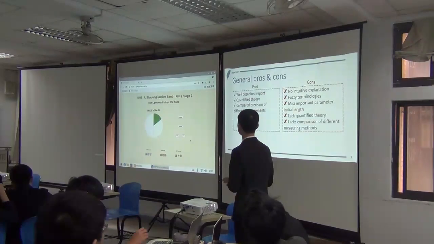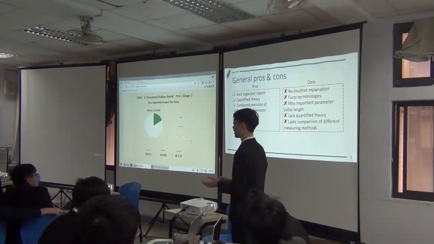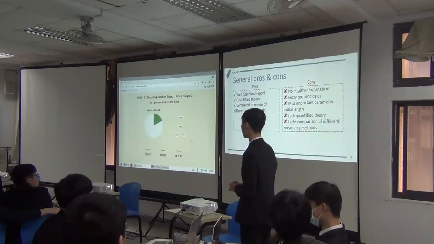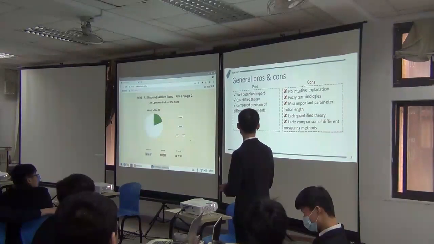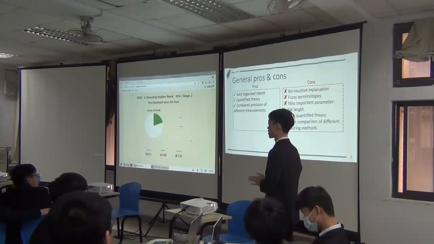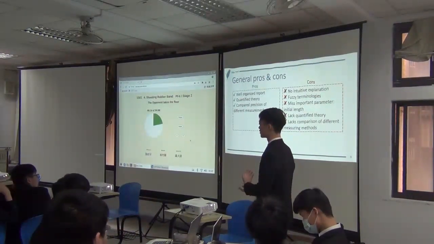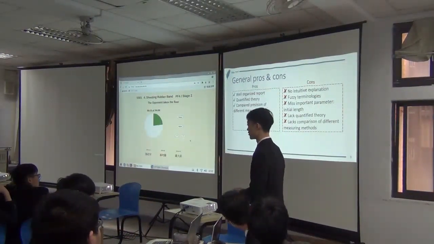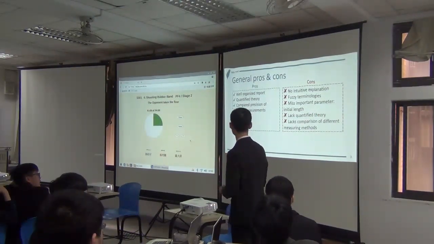So for general pros and cons, we think that the reporter has a well-organized report, but they don't have a quantified theory, and they compared measurements. As for cons, they don't have any intuitive explanation for this phenomenon, and they have fuzzy terminologies and definitions for spin, pressure, and non-uniform stretch.